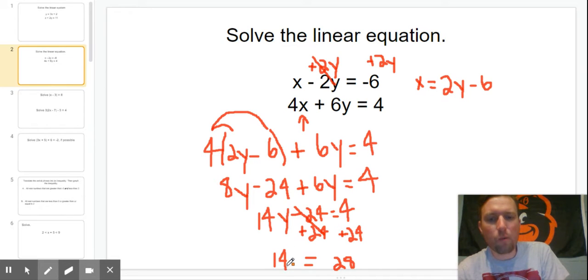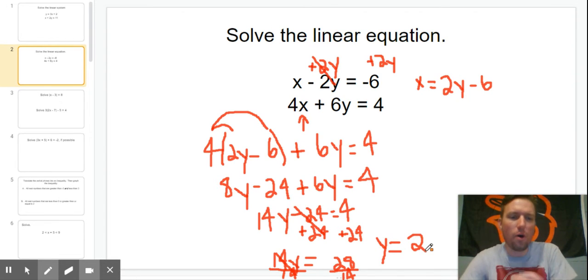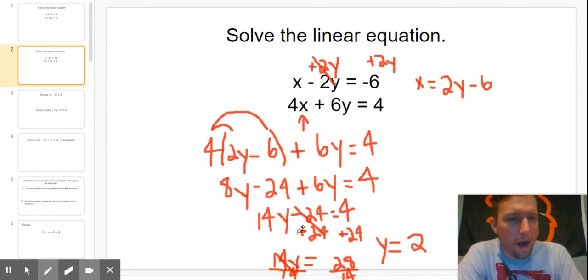I'm solving for y, so I have to do the inverse operation. I'm going to divide this side by 14, and I'm going to divide this side by 14. 14 divided by 14 gives me 1. I'm left with y. 28 divided by 14 gives me 2. Excellent. I have solved for y equals 2 using the substitution method.